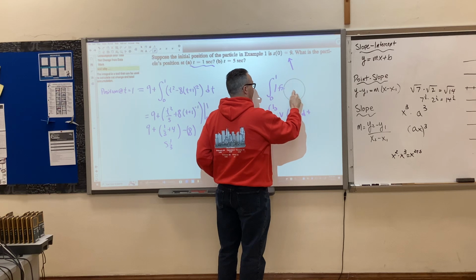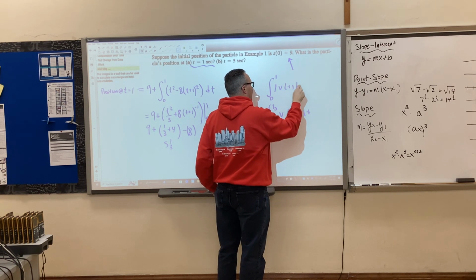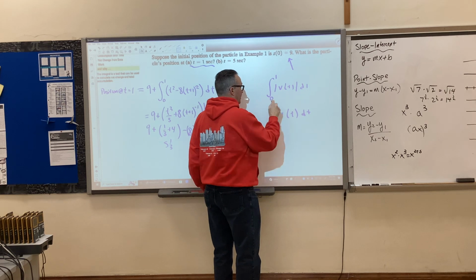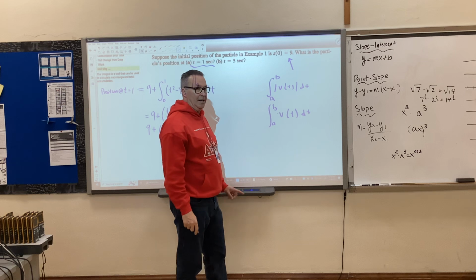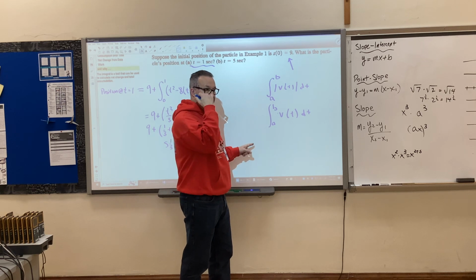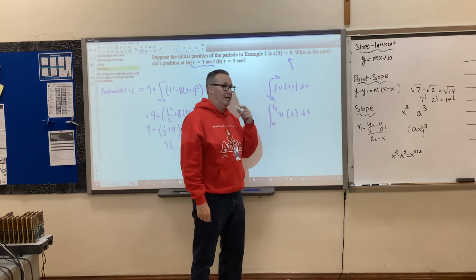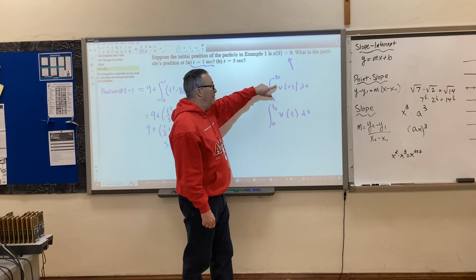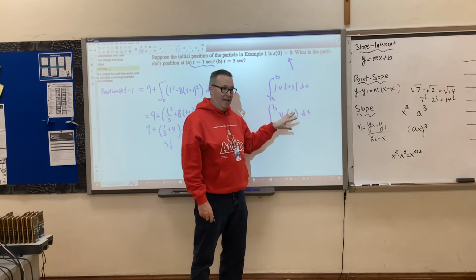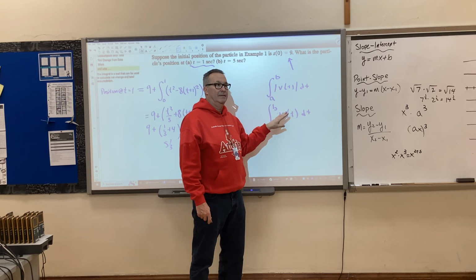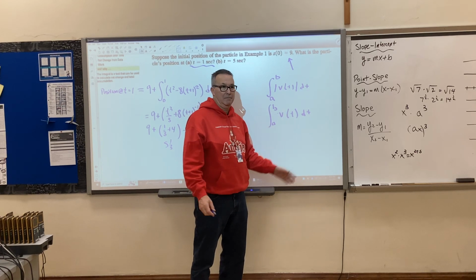I probably should use t's, from a to b. And position is the original position plus the displacement. Right, three really important topics. Total distance traveled, that's the integral of the absolute value of velocity. Displacement, the integral of velocity. And position is the original position plus the displacement.